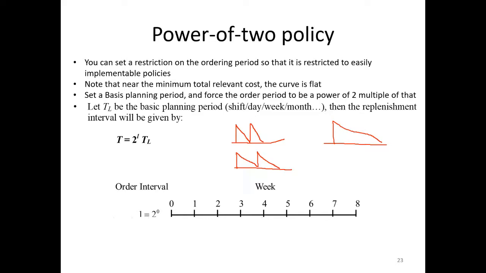the ordering of these different items will be done at different points of time. And this actually sometimes will be a big hassle for any inventory manager. Why? Because he will have to take care of hundreds of items in inventory.